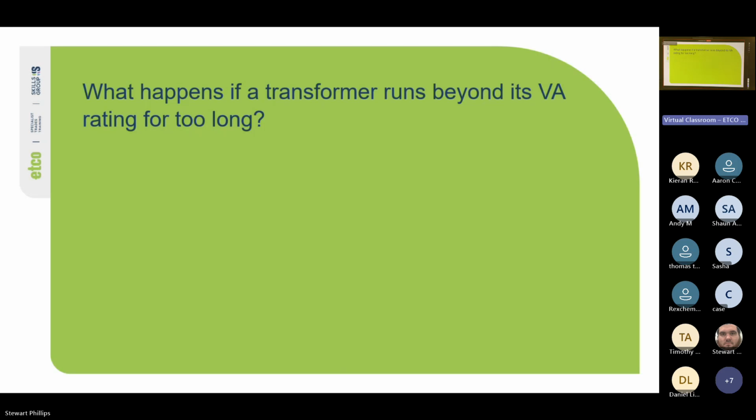Yeah, so the bare minimum is it's going to heat up and damage the winding insulation. Worst case scenario, it's going to get too hot and then it's a fire risk, especially a potentially big fire if it's an oil-filled one. Cool.